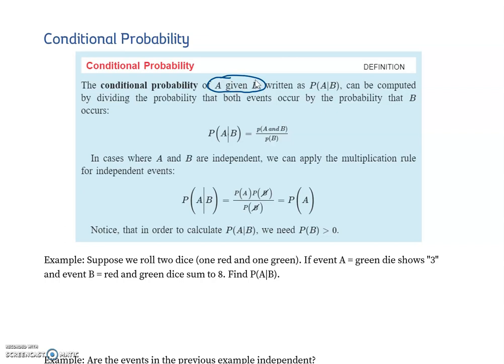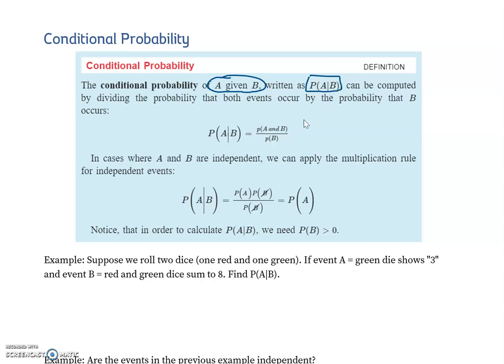A and B are generic events, but this could involve rolling dice, tossing coins, selecting a card out of a deck, those kinds of things. We say the probability of A given B, and we write P of A, vertical bar, B. That vertical bar takes the place of the word given.